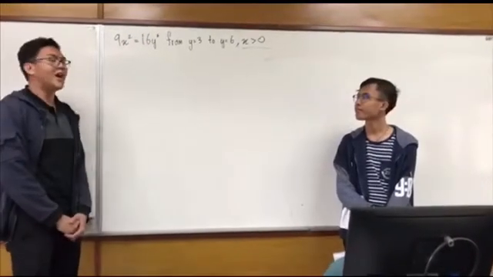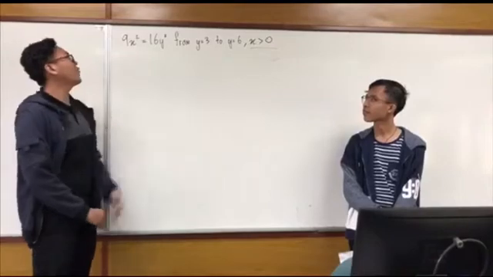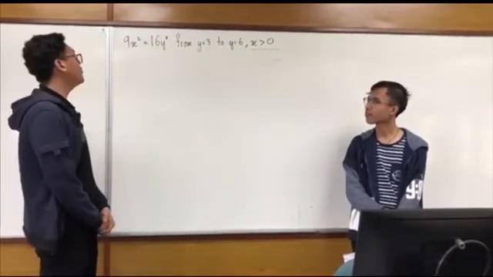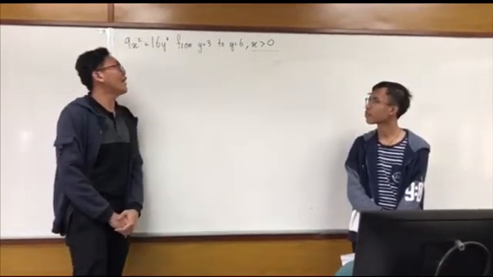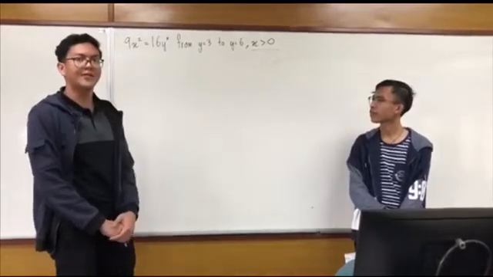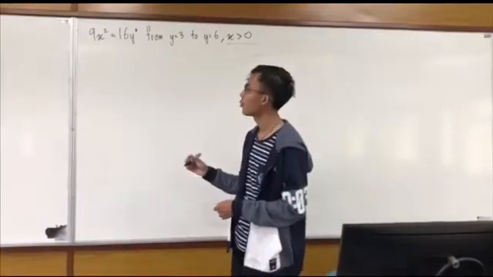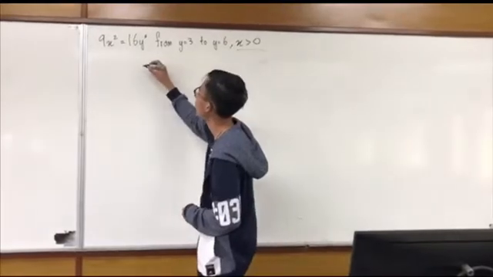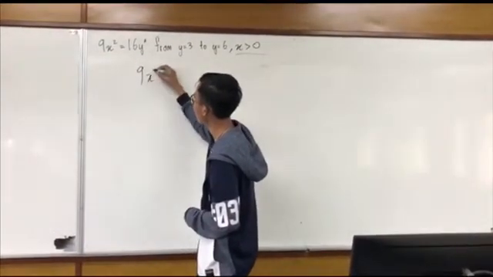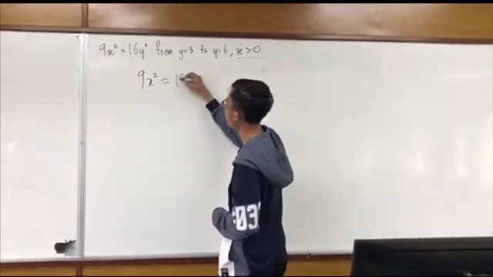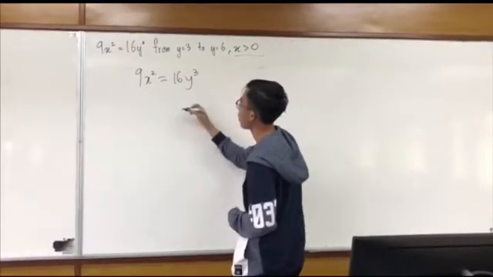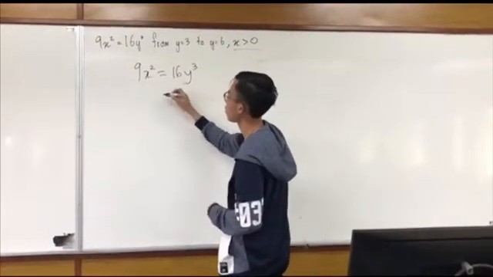Today we're going to find the arc length for the equation 9x squared equals 16y cubed from y equals 3 to y equals 6, and x must be greater than 0. So we have to isolate x. 9x squared equals 16y cubed, and let x be the subject.